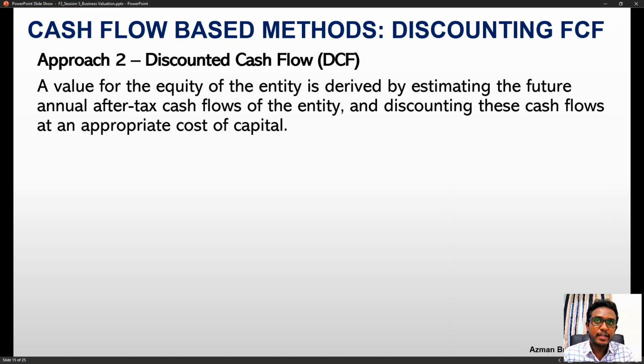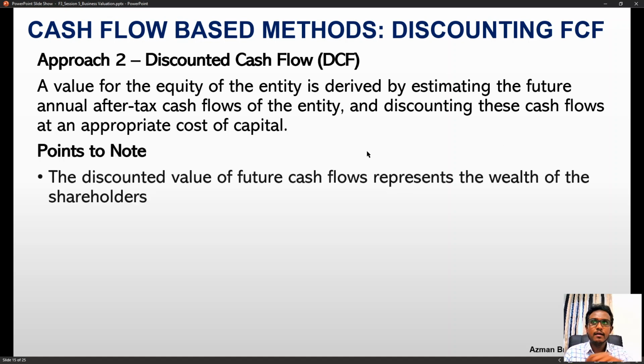A value for the equity of the entity is derived by estimating the future annual after-tax cash flows of the entity and discounting these cash flows at an appropriate cost of capital. I want to take your attention to one word here: a value for the equity of the entity. Not the value of the entire entity, but the value of the equity of the entity is derived by estimating the future annual after-tax cash flows and discounting them at an appropriate cost of capital.